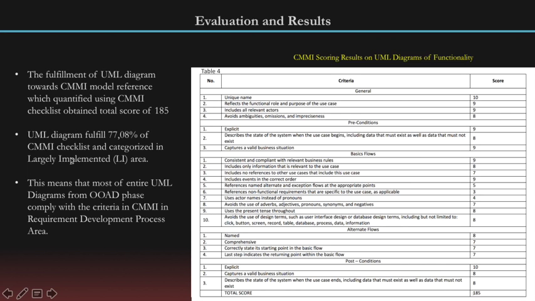This might be a mistake. So this means that most of the entire UML diagram phase comply with the criteria in CMMI in requirements development process area.